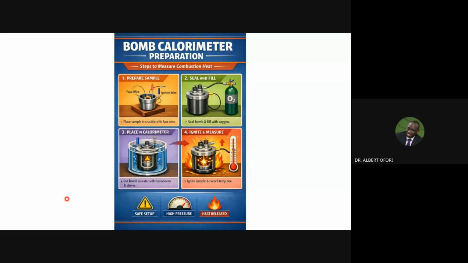Now, how do we prepare that? We prepare the sample. Of course, we should have a source of heat, which we call the fire wire. We are going to be plugging it in, and that is going to be heating up that metal. That metal is going to be placed in that siphon cap, and then we seal it very well.